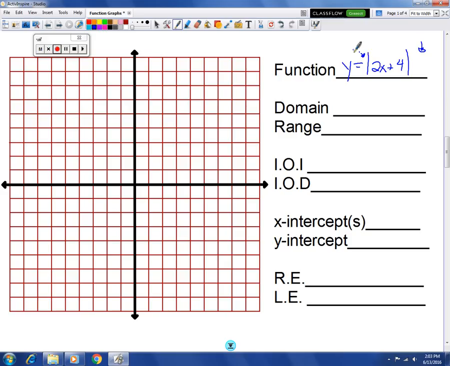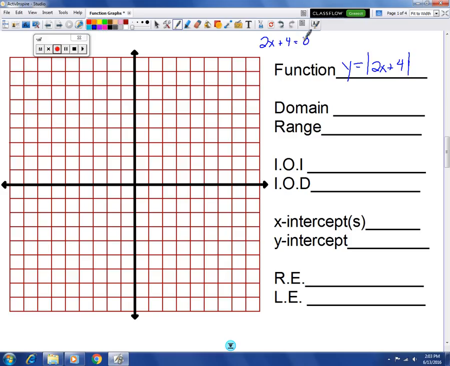So no matter if it looks a little more complicated on the inside, it still means it's a shift left or right. Okay, so how do we figure out what the shift would be? Here's how we do it. I'm going to set whatever is inside the absolute value equal to 0.